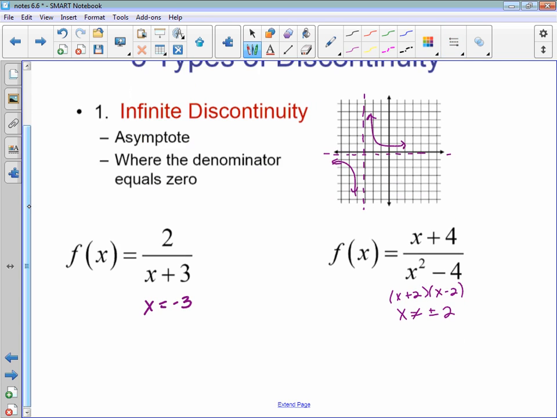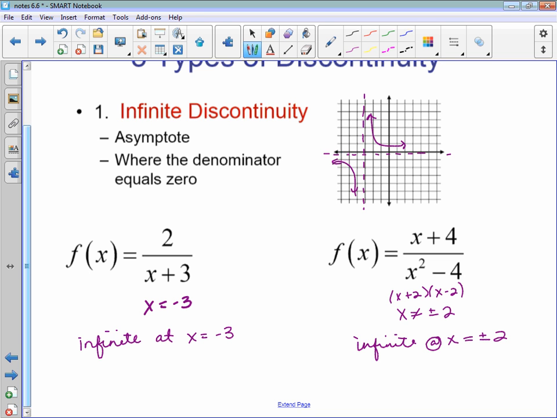So the way you would tell me that you have discontinuity, kind of like the max and the min, you'd tell me what it was and where it occurred. So like on the first one, you would say infinite at x equals -3. Over here, you'd say infinite at x equals plus or minus 2. No, because that's not infinite, that's infinity.